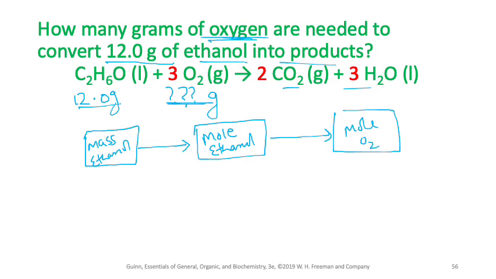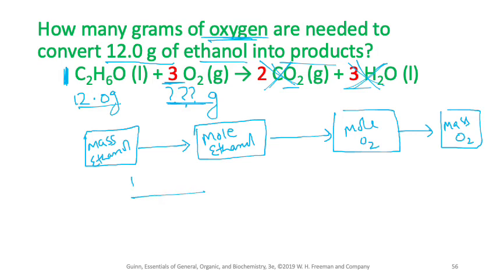Nothing is asked about carbon dioxide and water, so we are ignoring those. Our equation will be between ethanol and oxygen. I can say every 1 mole of ethanol reacts with 3 moles of oxygen, right? So I can get moles of oxygen from these two. And once I get the moles of oxygen, I can get the mass of oxygen. So let's take a conversion factor, how the first two boxes are related.